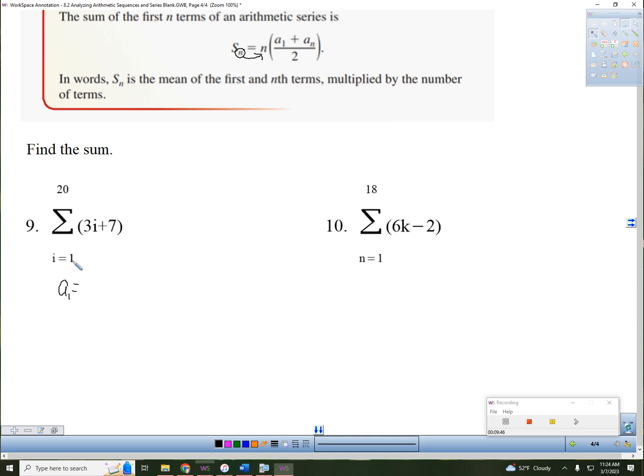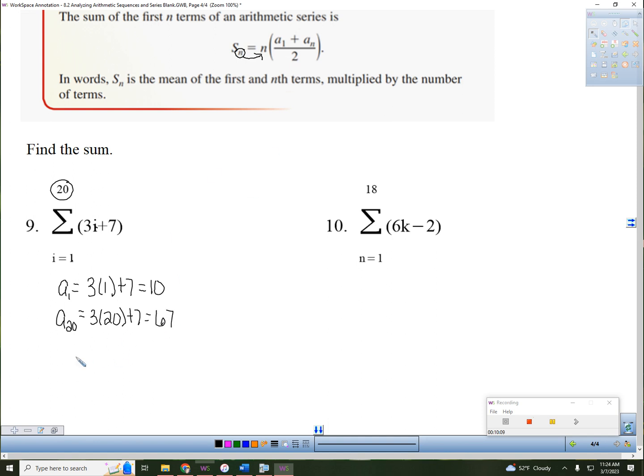So to find the first term, I'm just going to plug 1 in. So 3 times 1 plus 7, which gives us 10. I also need the 20th term because that's the last term in this series of numbers. So 3 times 20, which is 60, plus 7 is 67.